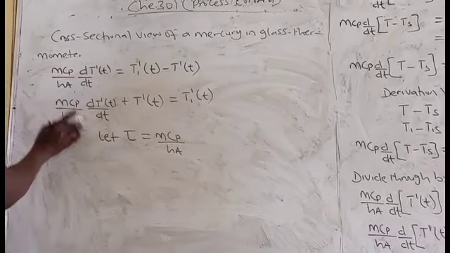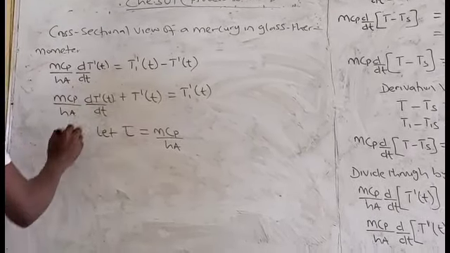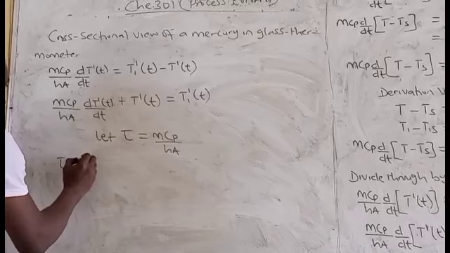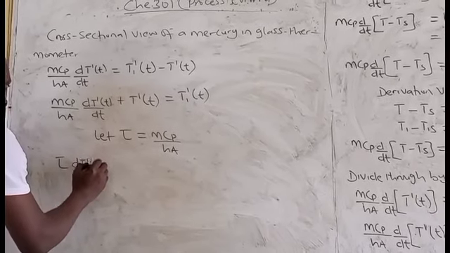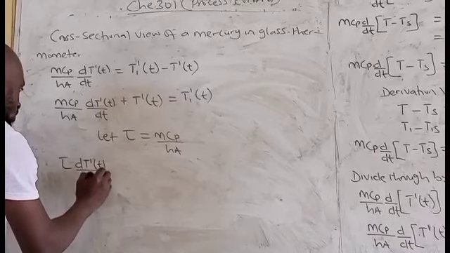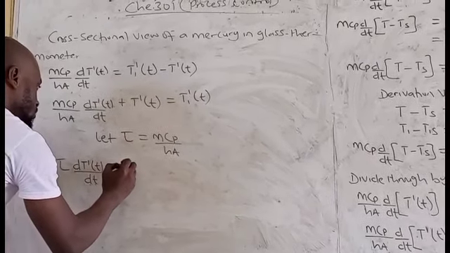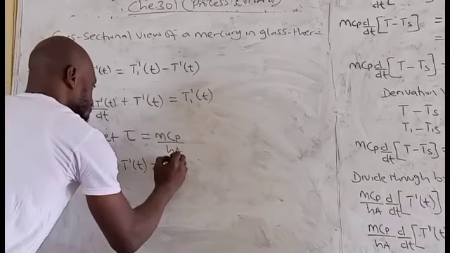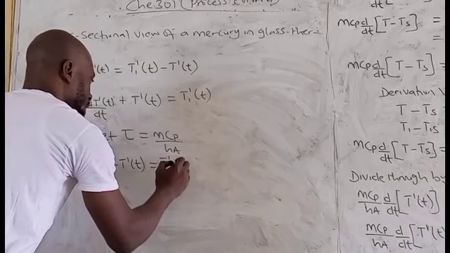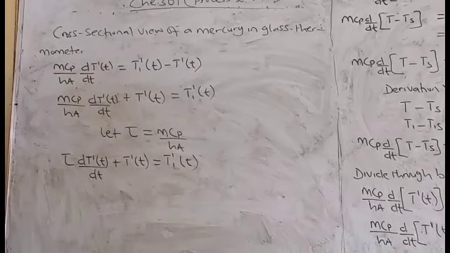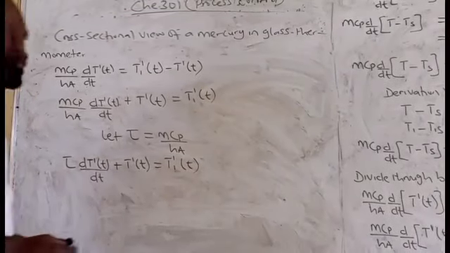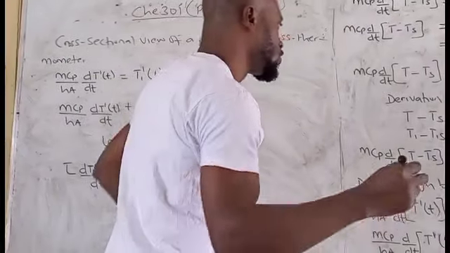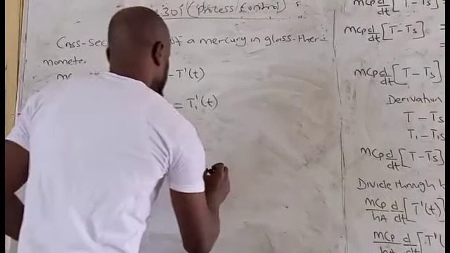So if this time constant is equal to this, that means I will have this time constant multiplied by dT prime of t over dt, plus big T prime of t is equal to T1 prime of t. So this is what I'm going to get now. Let's call this equation 4.